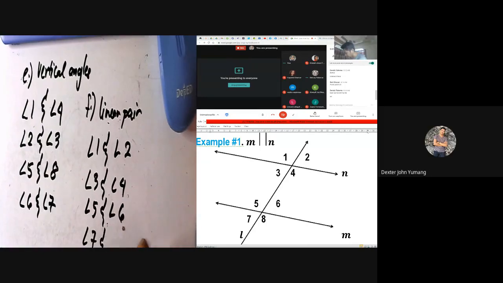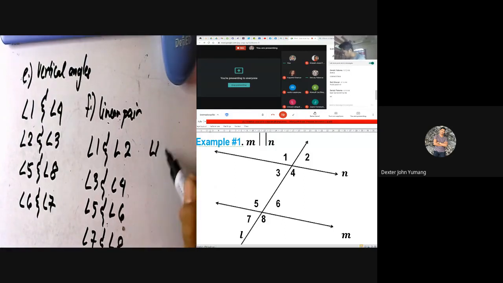Angle 7 and 8. What about pabaliktad na side or kumbaga pababa? Si angle 1 and 3, nakabuo ba ng straight line? Angle 1 and angle 3. Nakabuo ba sila ng straight line? Tingnan nyo.